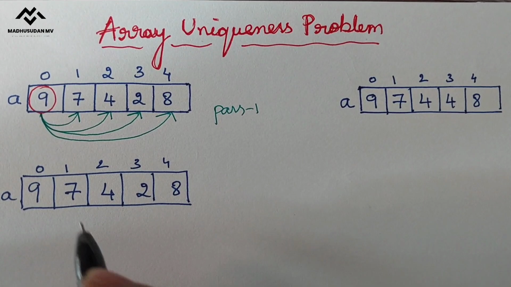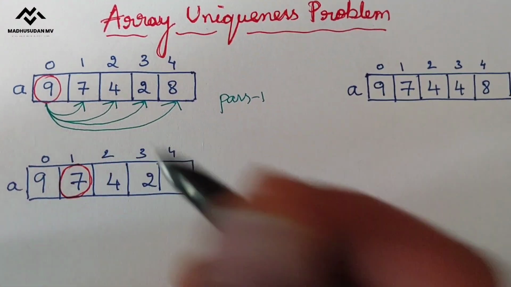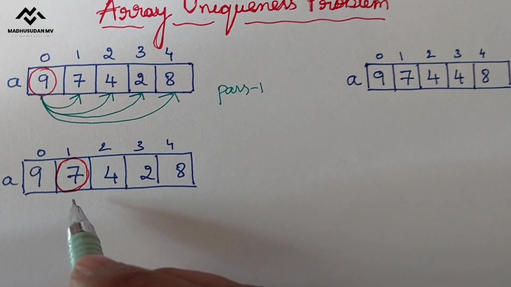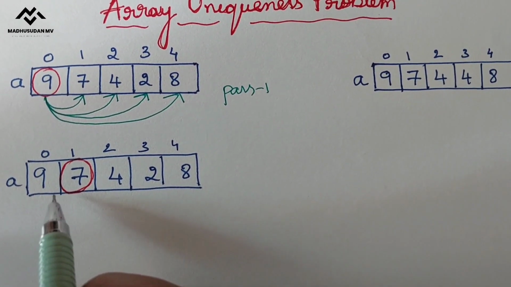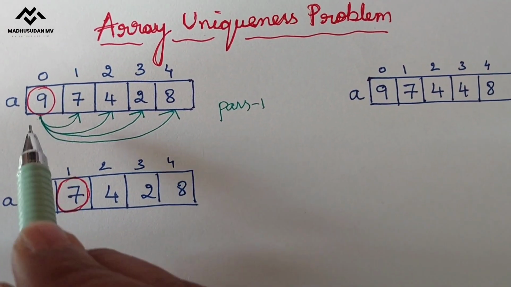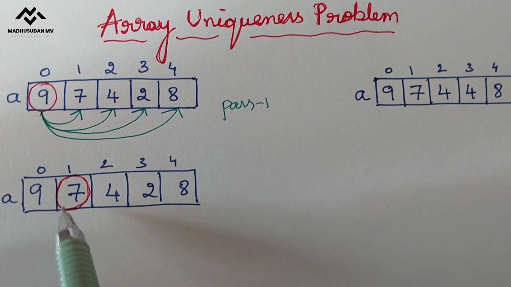Now I will select the second item, and again I start comparing this selected item with the remaining elements. Here we don't need to compare this element again with the first element, because we already covered that. We compared 9 with 7, and 7 with 9 is the same, so there is no need to compare.